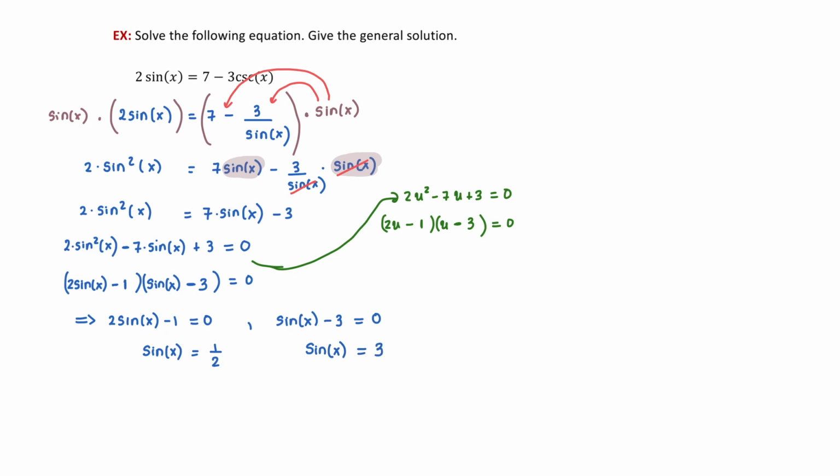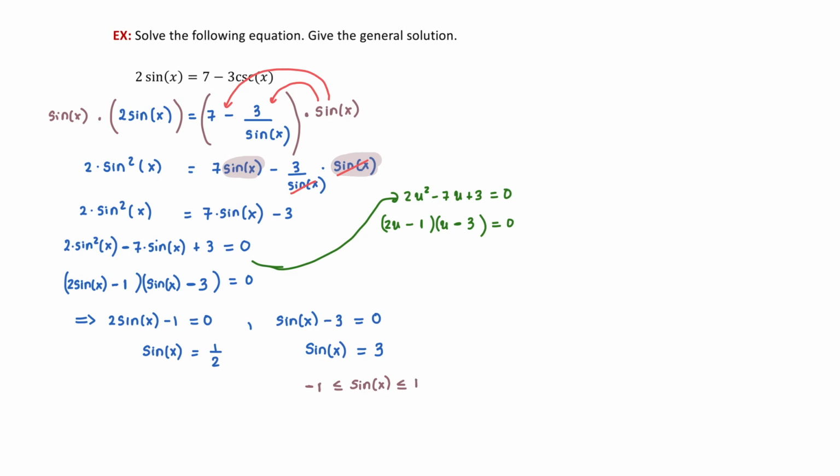Now, I'm going to tackle this one because hopefully it is obvious that this equation has no solution. And that's because sine x can never equal 3. Because hopefully you remember here that sine x is always bounded by -1 and 1.